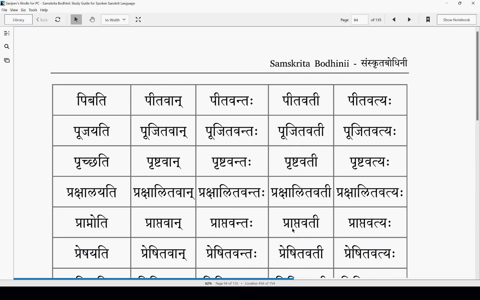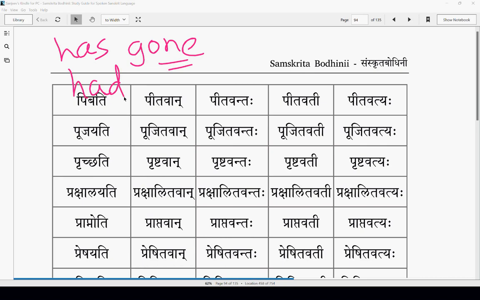So, for example, in English when we say gone, gone is one form, so we can use has gone or had gone, right? He has gone, he had gone, he will be gone, right? So all three are possible with gone.